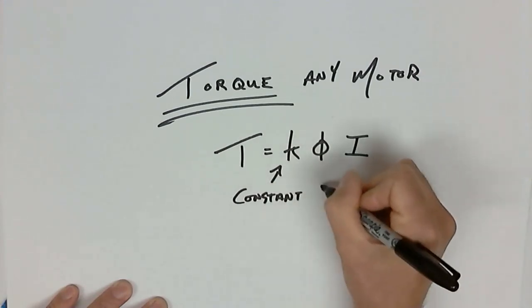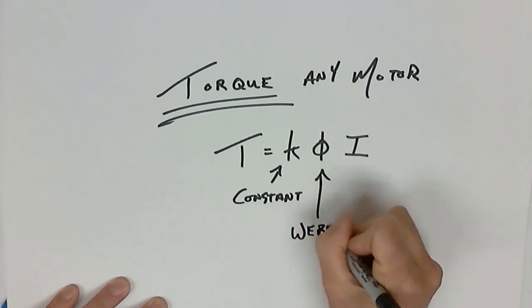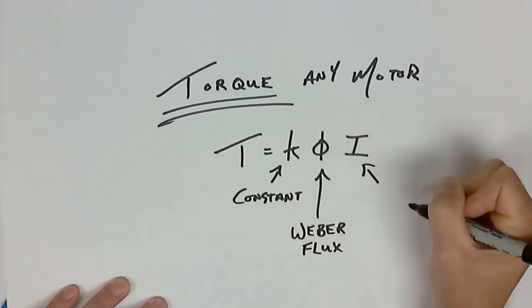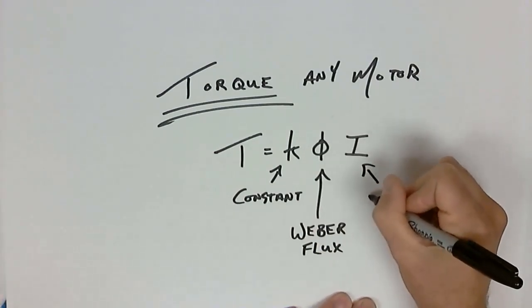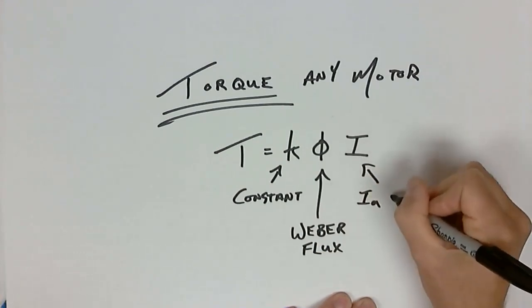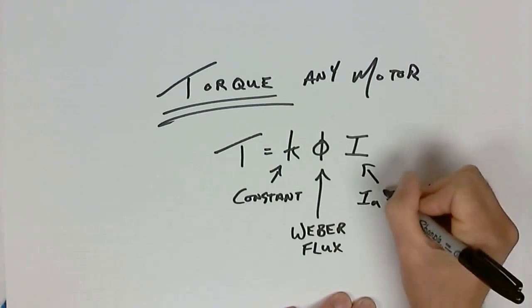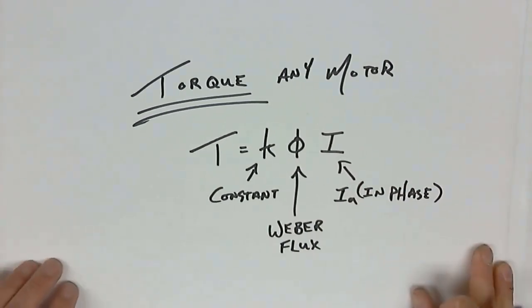It's an engineered constant. Flux would be the Webers of flux. And finally, I is the in-phase armature current. Not really that important to say in phase with a DC motor, but it is still relevant.